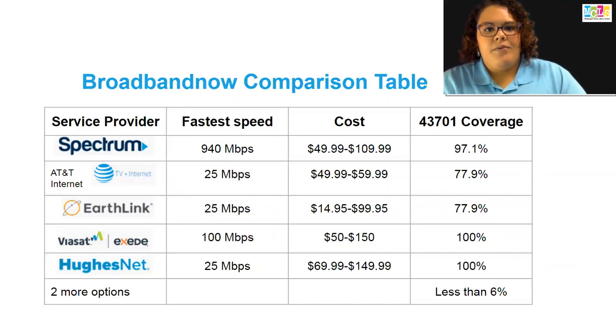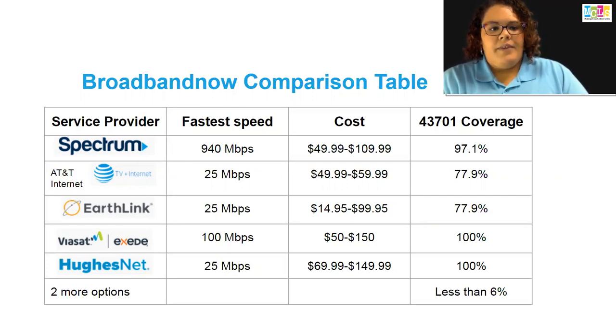So this is a comparison table of the internet providers that we have in our area. Spectrum has the highest megabytes per second, up to 940. And then down from there, as you can see the cost range, and you're going to pay more for a faster internet.